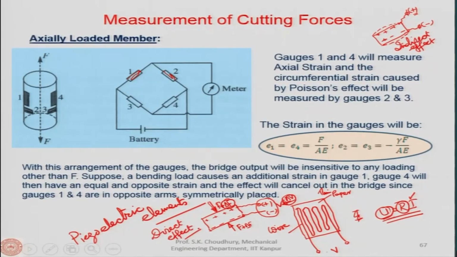Now, the indirect effect similarly, as you can see, is the opposite: once you are applying the voltage here, this will be expanded. This will be expanded means this will actually impart force.